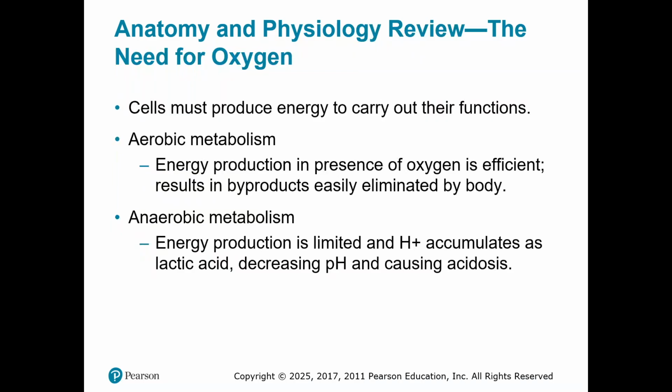We know also that we will get a byproduct of acid, right? And that acid is called lactic acid. And anytime somebody becomes more acidotic, that pH scale decreases, right? A lower pH level means more acid, and a higher pH level means more base.